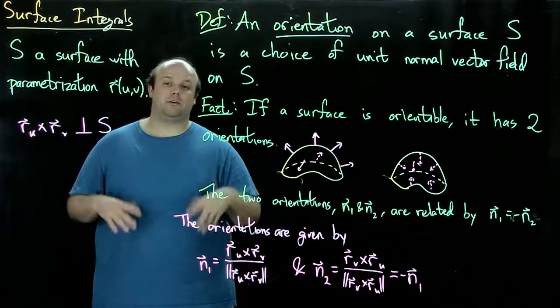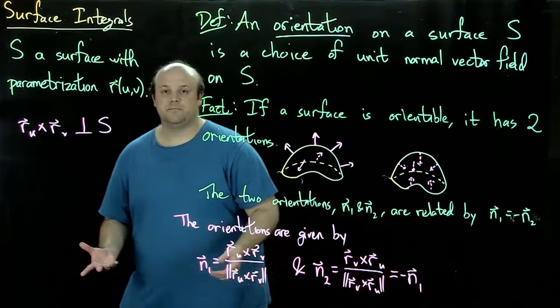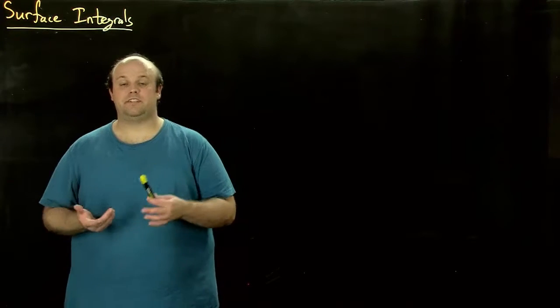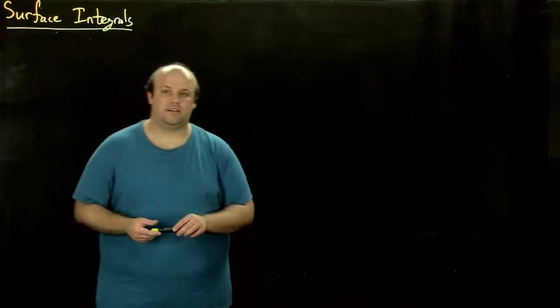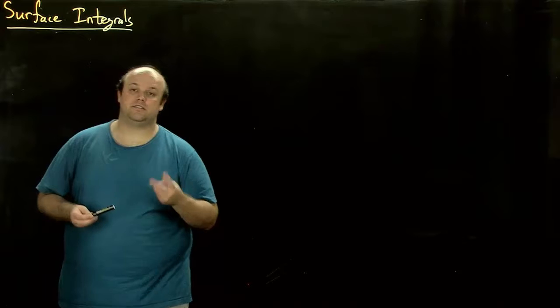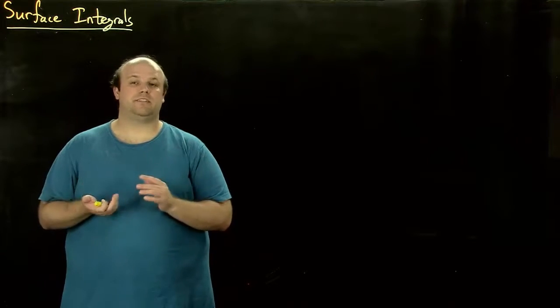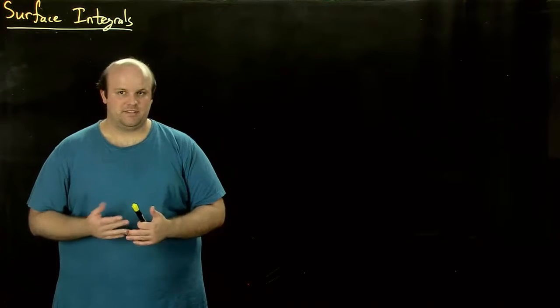Now we'll erase this real quick and talk about another definition for surfaces. Before the next definition, let me give you a caveat on the statement that if a surface is orientable, it has two orientations. This is true, but it should really say a connected surface.